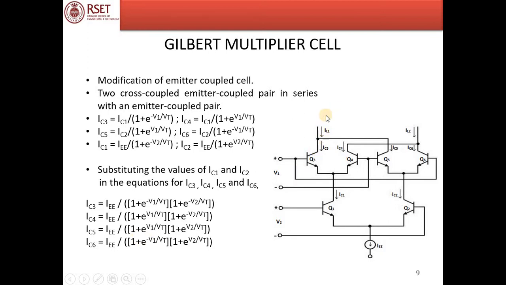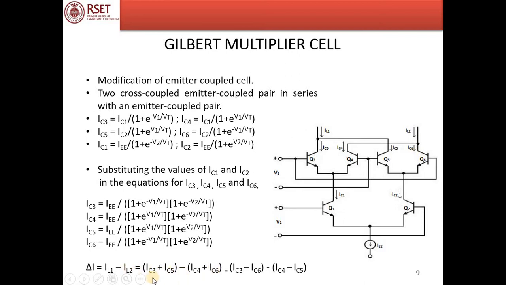Now what is the differential output current? It is IL1 minus IL2. Let us denote it by delta I. Delta I is equal to IL1 minus IL2. Here we can see that IL1 is split as IC3 and IC5. So IL1 can be written as IC3 plus IC5, minus IL2 can be written as IC4 plus IC6. Here we can see that IL2 is split as IC4 and IC6.